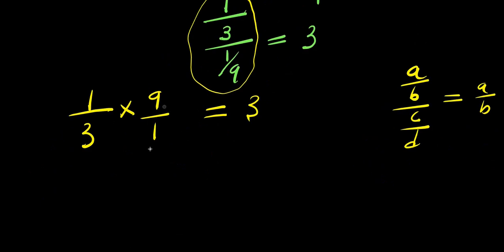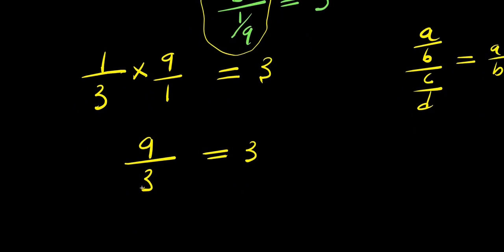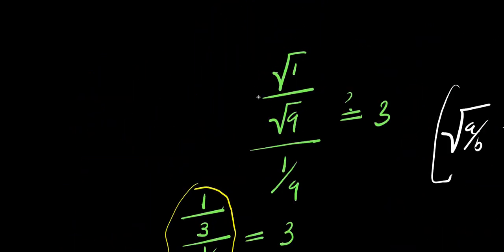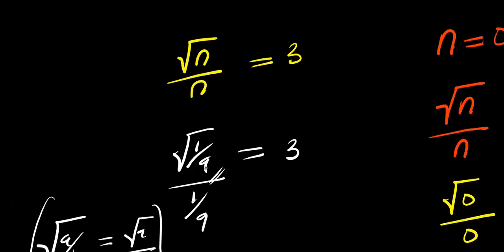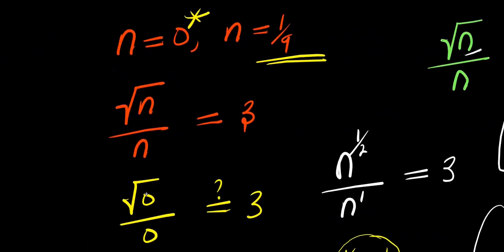From here you have 1 times 9, 9 divided by 3 equals 3. 9 divided by 3 is 3, so 3 equals 3. Left hand side equals right hand side. So the only valid solution to this radical problem is n equals 1 over 9.